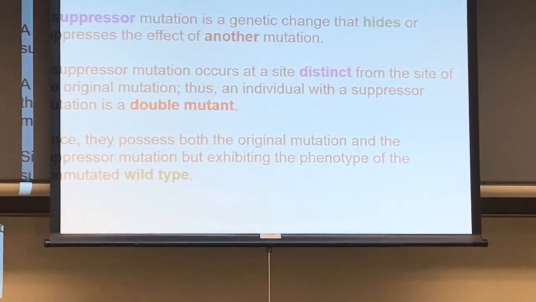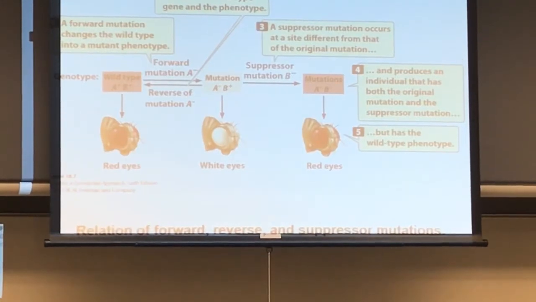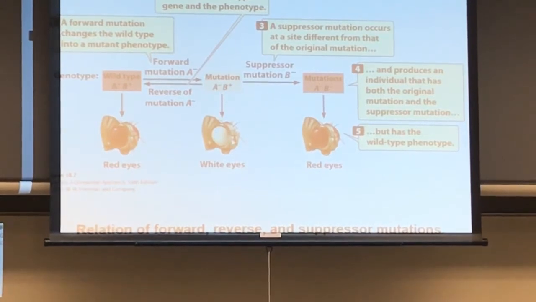Let me just jump to the slide, it's easier for you to understand that way. So look at this here, this is Drosophila. We studied that normally Drosophila have red eyes, and some mutations cause white eyes. So let's say for this example, genes A and B express the red eyes. There is a mutation in gene A which causes the white eye.